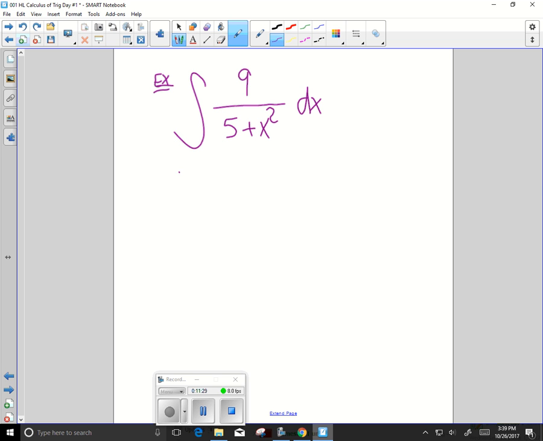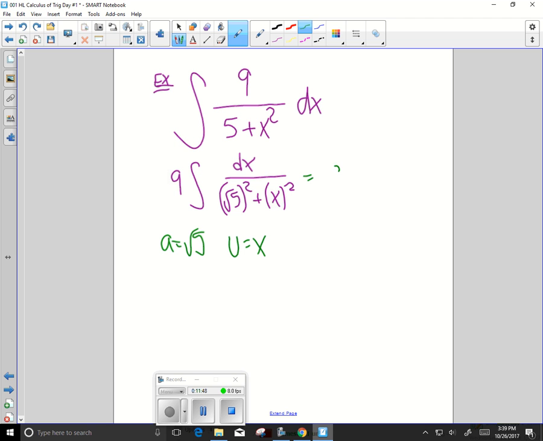First thing you do is pull out the 9 and get dx over square root of 5 squared plus x squared. And then you'd pick what the a is. A is the square root of 5. And u is going to be my x.